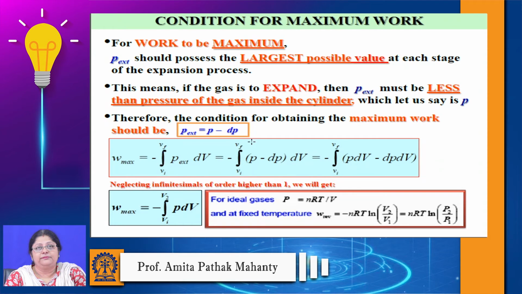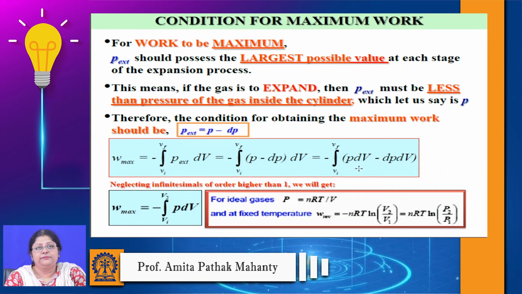So now I apply the external pressure. P external is P minus delta P, so P minus delta P into dV. What does it come to? P dV minus dP dV. So it's a double differential, and we can neglect the higher order differentials because it is going to be very, very small.